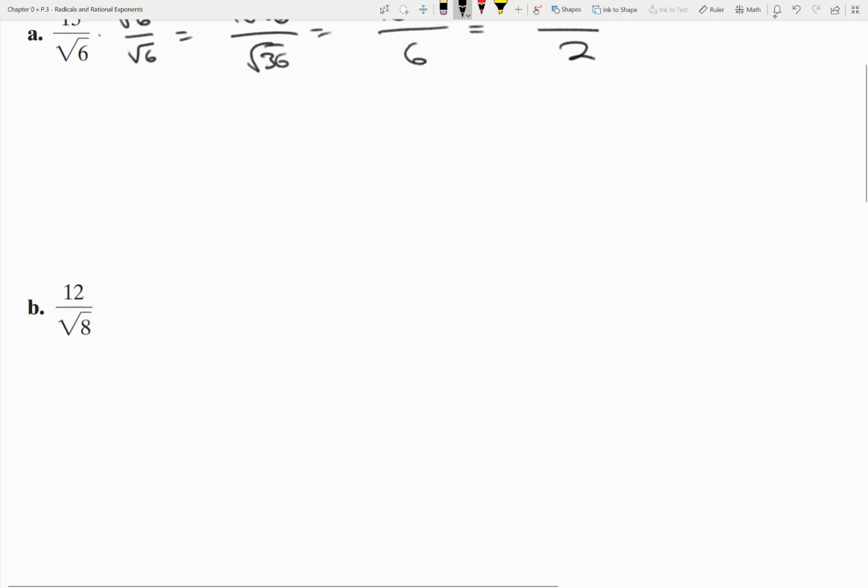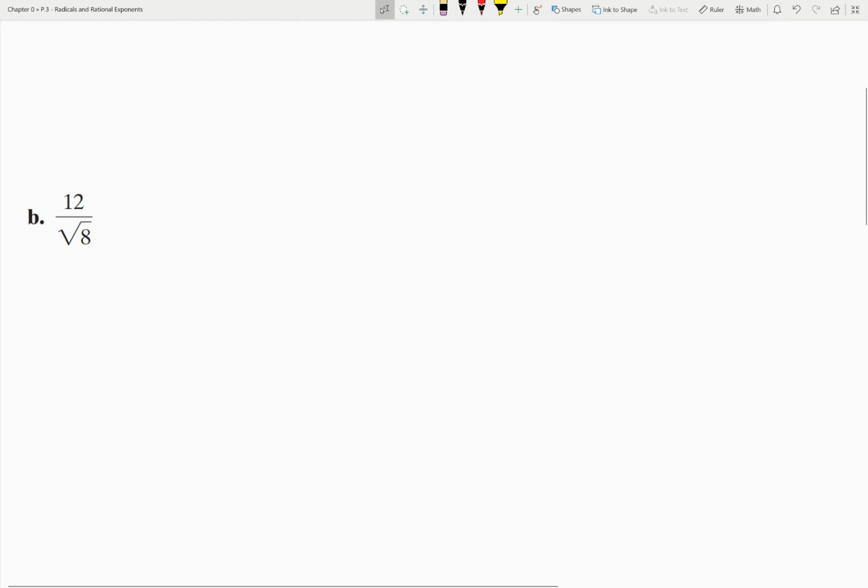Now, the difference with part B is you shouldn't just multiply the top and the bottom by the square root of 8. That will work. It'll make the denominator not a radical anymore, but there's an easier way to do it. Just multiply by the smallest number that produces a perfect square in the denominator.